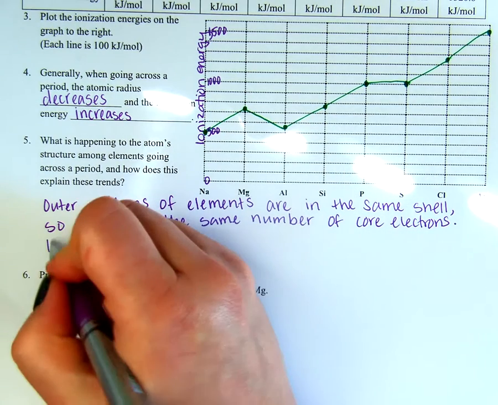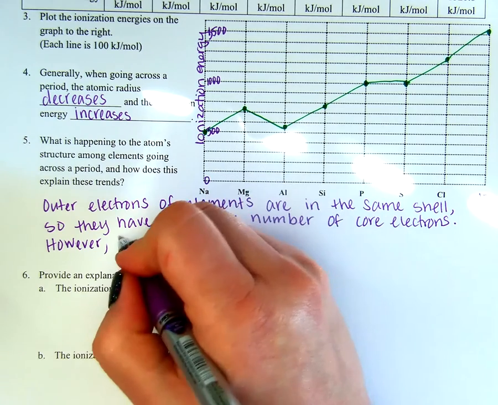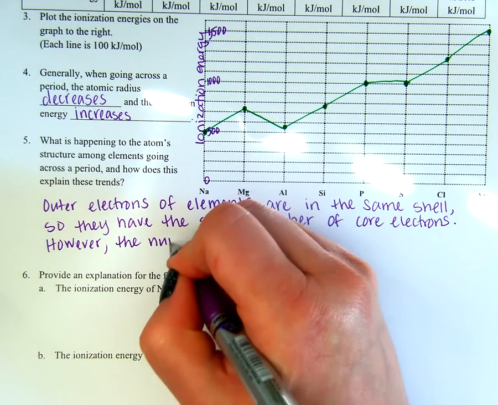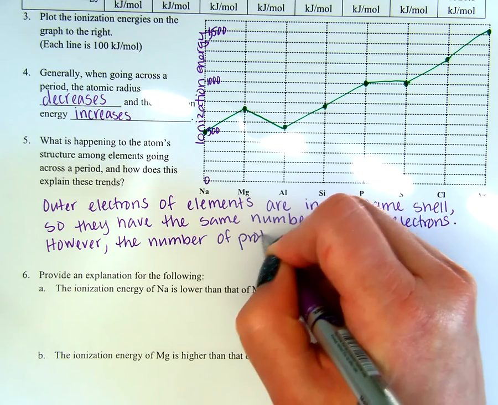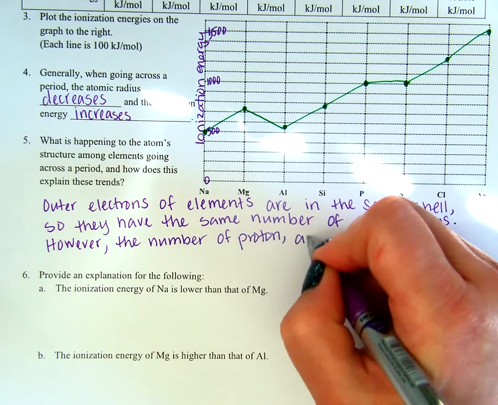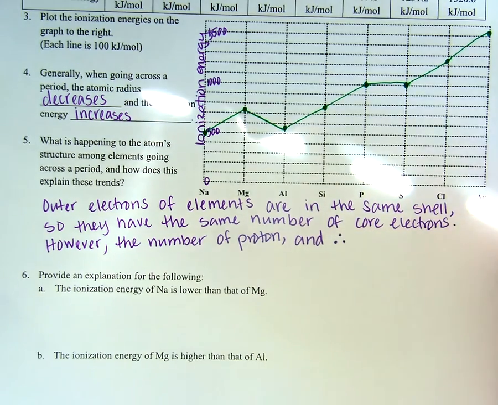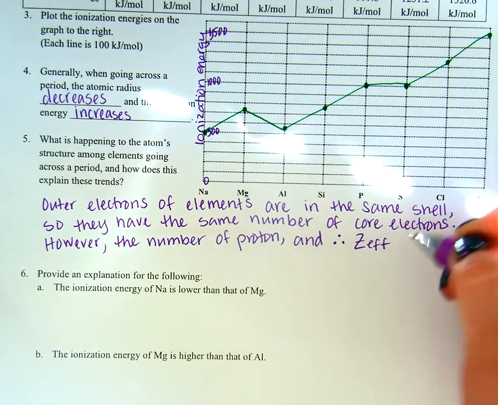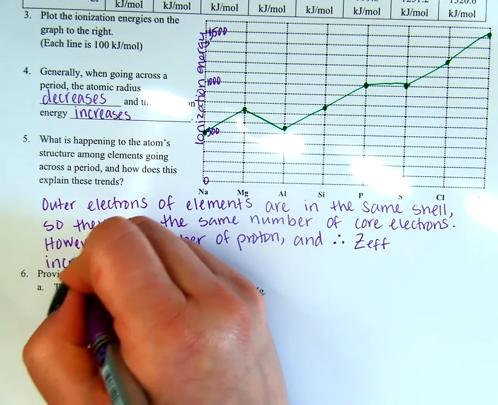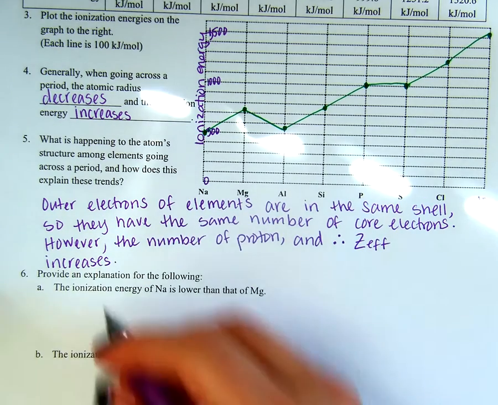However, the number of protons increases, and therefore, I'm just going to use a little therefore symbol, the little 3 dots there means therefore, and therefore the Z effective increases. So that means the outer electrons are more attracted to the nucleus.